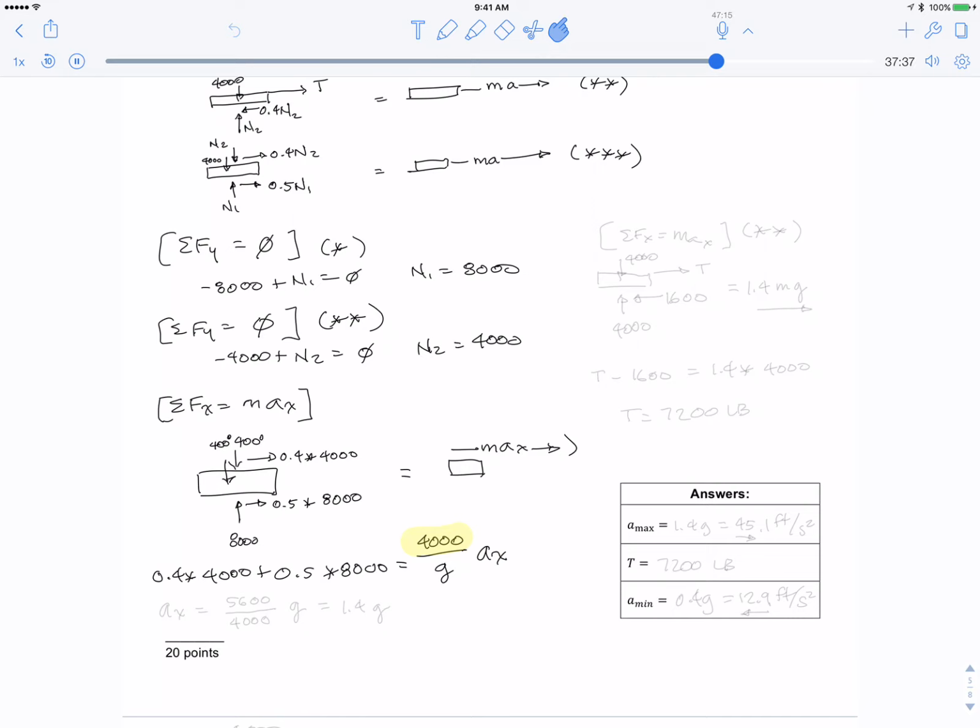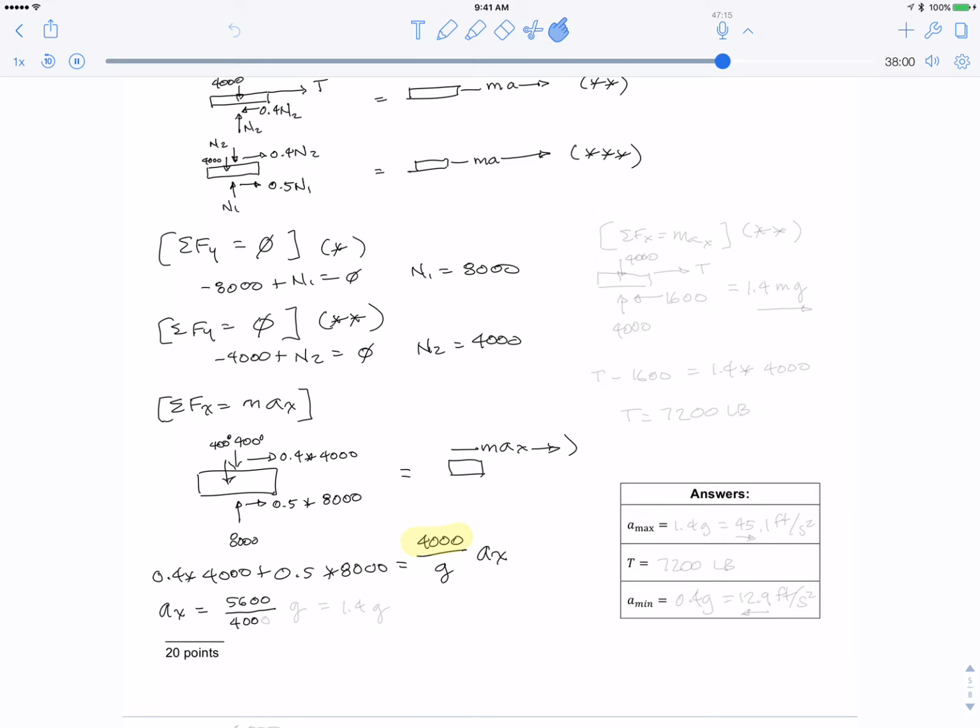Okay, so anyway, solving for ax, you get 0.4 times 4,000 plus half of 8,000, that's 5,600, all over 4,000.